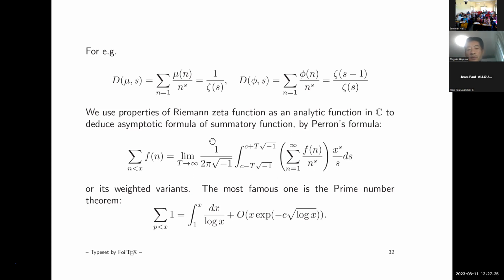This is a classical tool to compute arithmetic functions, and sometimes we use a weighted variant, and in this case we use the Riesz sum. We need a different weight sometimes. By using this technique and a very detailed study of the Riemann zeta function, we obtain the prime number theorem. This is a classical development.